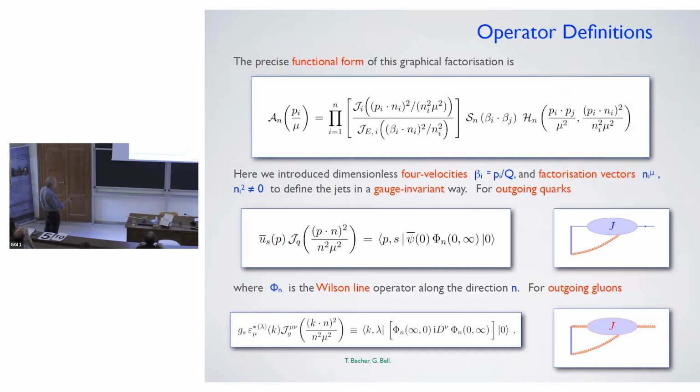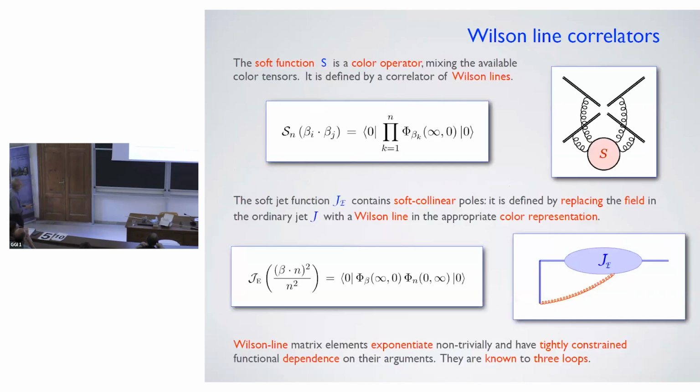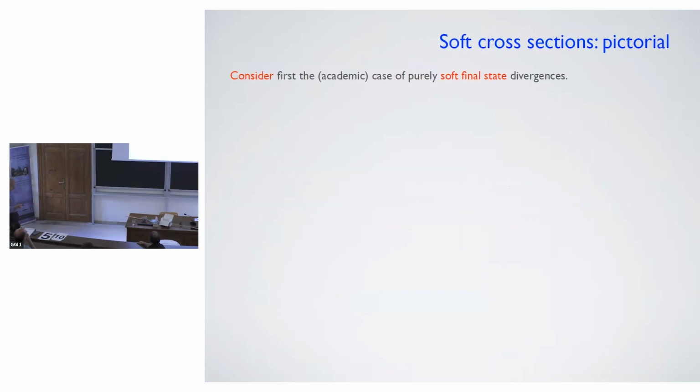So this is this Z, and importantly, all of these objects are defined in terms of matrix elements of gauge invariant operators, or suitably gauge variant operators, and so you can work with them to any order. They are all known to 3 loops, so we really know this stuff extremely well, right? Whereas the real radiation we know considerably less well.